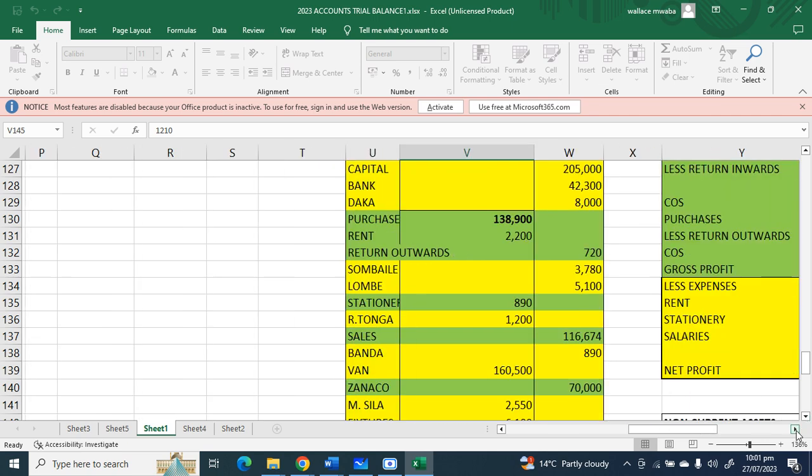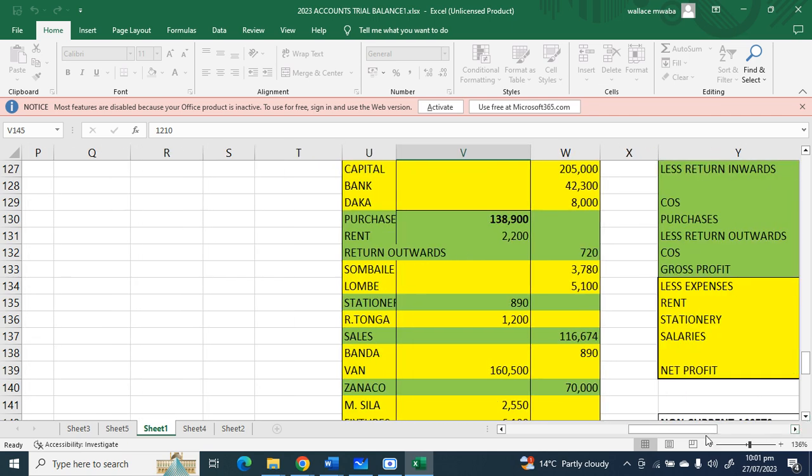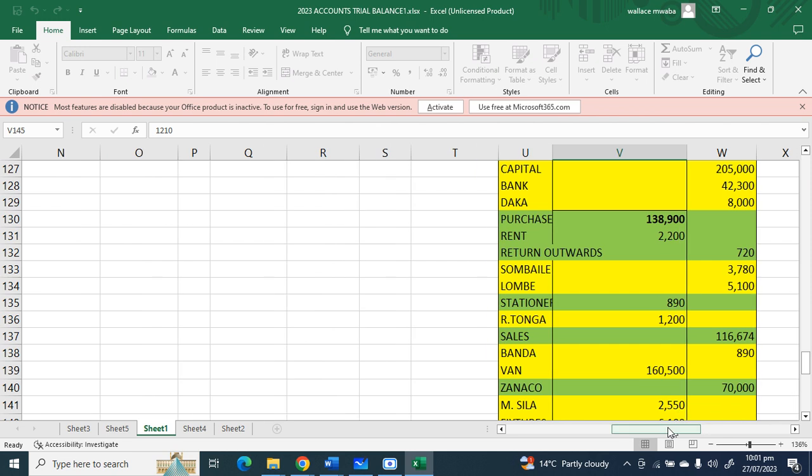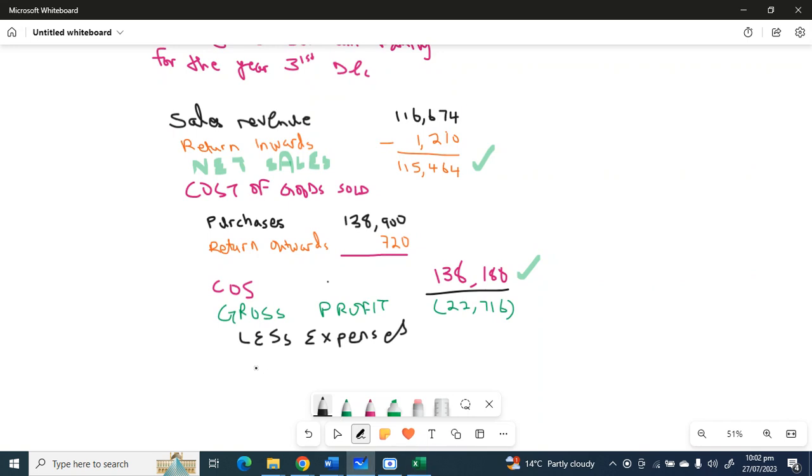What expenses do we have, colleagues? Look at the trial balance. Salaries, yes. How much?